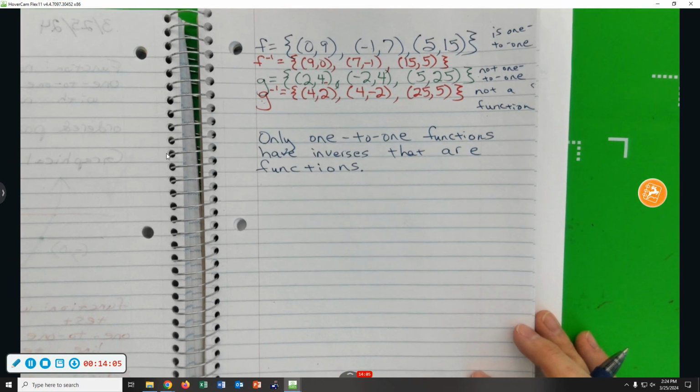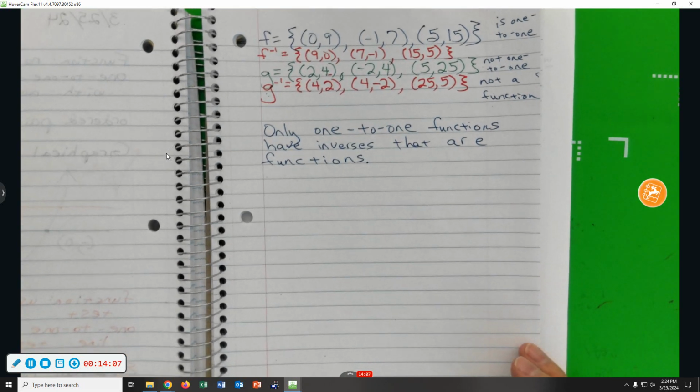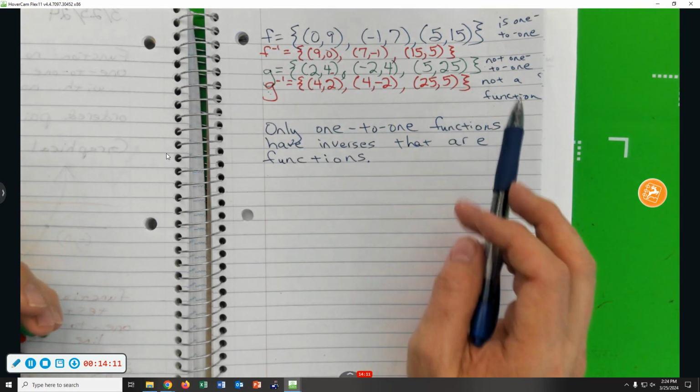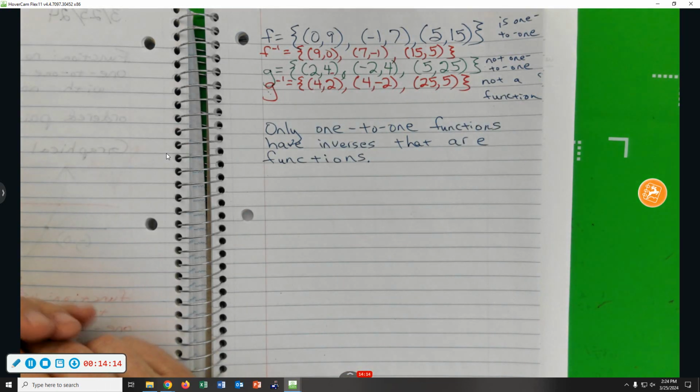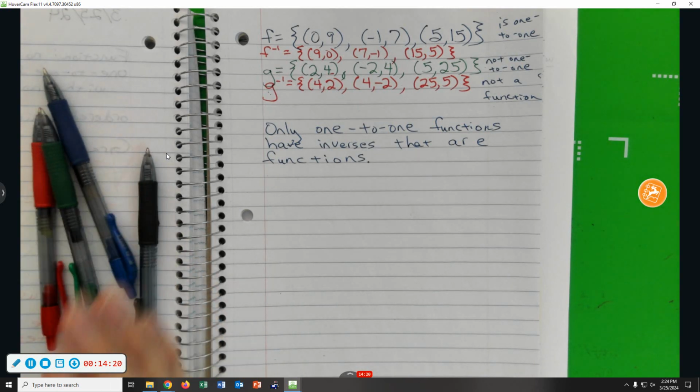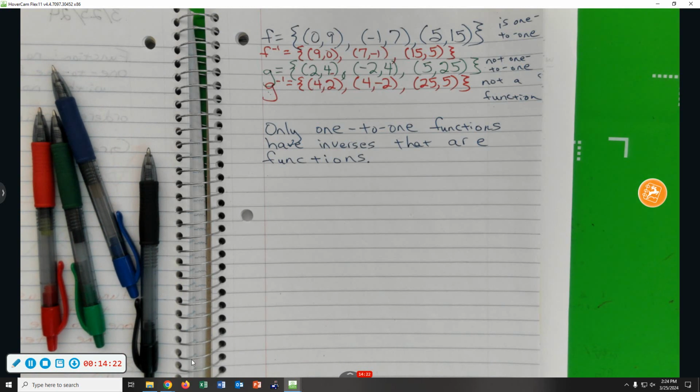A function has got to be one-to-one in order for its inverse to be a function. You can still find the inverse of something that's not one-to-one, it's just not going to be a function, though. And in this course, we're only interested in finding the inverse of one-to-one functions. Let's keep going.